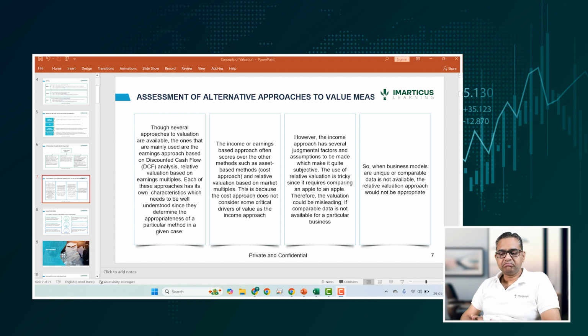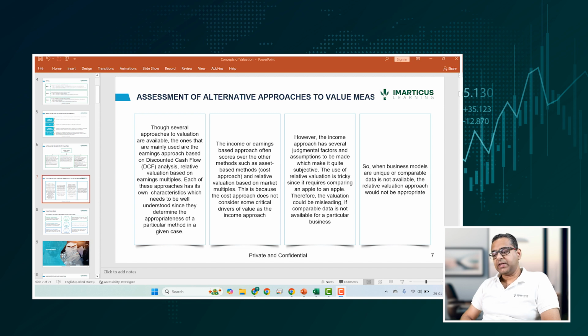Some companies are unique in their business model and it is very hard to find similar companies, and looking at what those similar companies are trading at, we may not be able to find the companies which are very, very similar and which can be used as peer set.